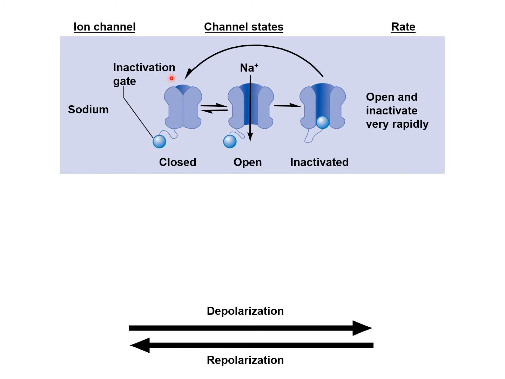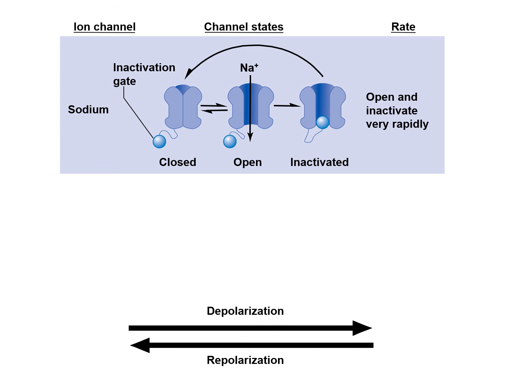So when we are in resting state, pre-stimulus state, the activation gate, the open and closing jaws of this, is closed. And the inactivation gate, the ball and chain here, is open. When we hit threshold, the activation gate opens and sodium is free to diffuse into the cell, depolarizing it.